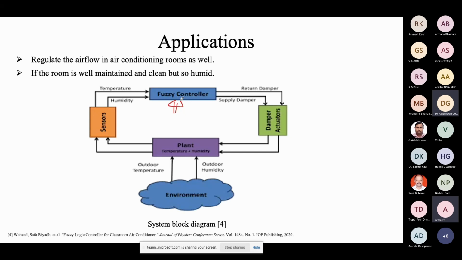it was seen that the parameters of the plant change over time. Like an AC, we are using it for a longer time, more than 10 years, 20 years, right? As time passes, the parameters of the plant may change. Like if we talk about an AC, there are parameters like resistance and capacitance values.